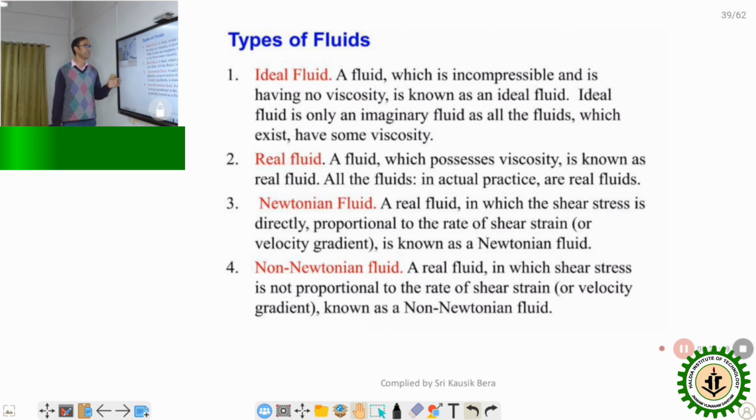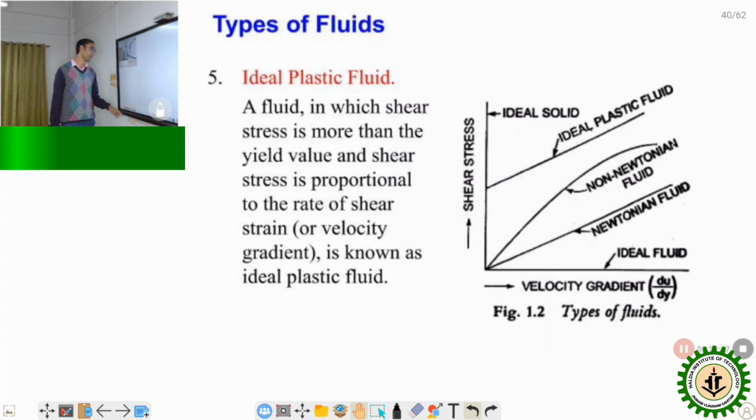An ideal fluid is incompressible and has no viscosity, and a real fluid possesses viscosity. A Newtonian fluid follows Newton's law of viscosity, and a fluid whose shear stress is not proportional to the rate of shear strain is a non-Newtonian fluid. An ideal plastic fluid is one where shear stress is more than the yield value and is proportional to the rate of shear strain. In this graph, the axes are velocity gradient and shear stress. The ideal solid, the ideal plastic increasing linearly, the non-Newtonian fluid behaving in a varied way, and the Newtonian fluid ideally inclined are shown.